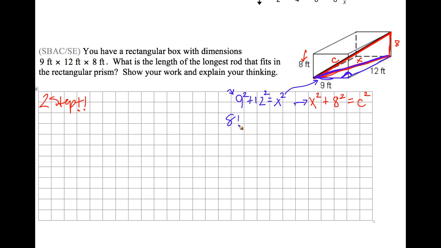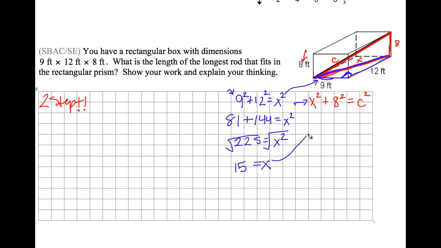So let's see what happens. 81 plus 144 equals x squared. I get 225 equals x squared. X equals 15. So the diagonal on my base gives me x equals 15.